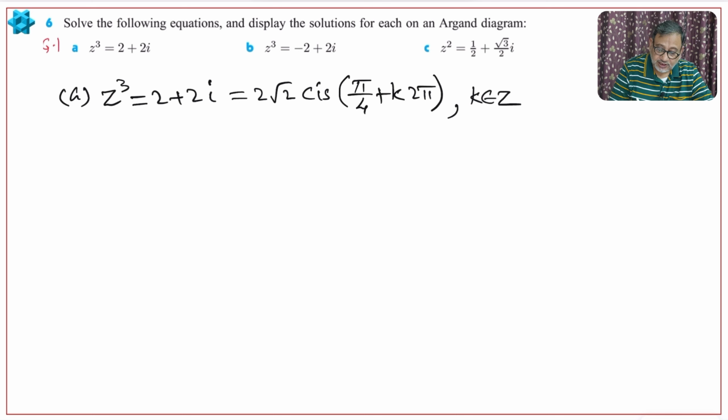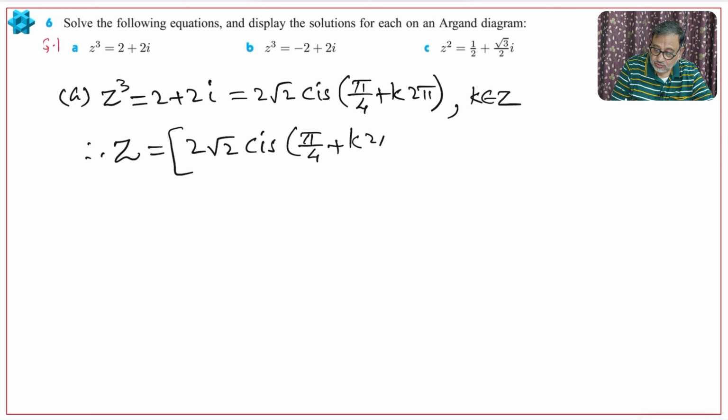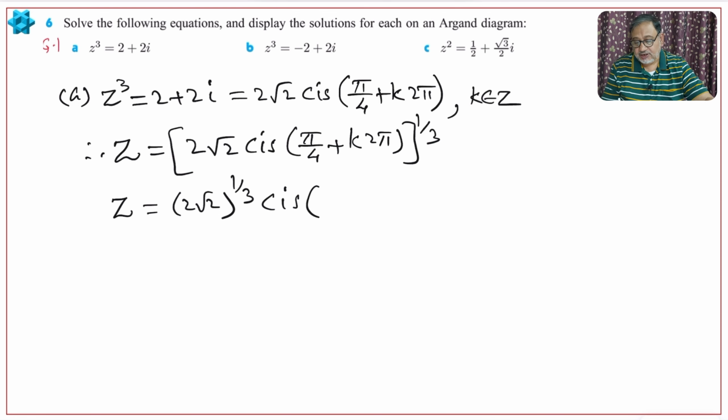So therefore z will be the cube root of the whole thing, cis pi by 4 plus k into 2 pi to the power 1 by 3. So modulus will have the same power, 2 root 2 to the power 1 by 3, and cis will have angle multiplied by 1 by 3. So therefore it will go in the denominator.